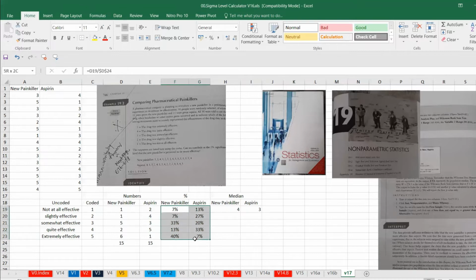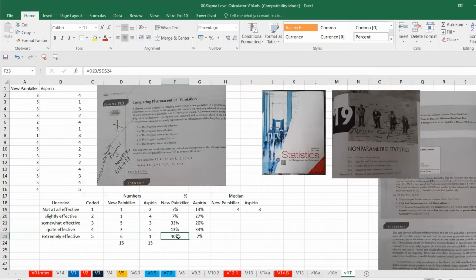And this is in terms of percentages, to give you the feel for why we need to do this. Can we not conclude that this is better, since you have 40% extremely effective, compared with this one? Always remember that this does not follow any distribution.